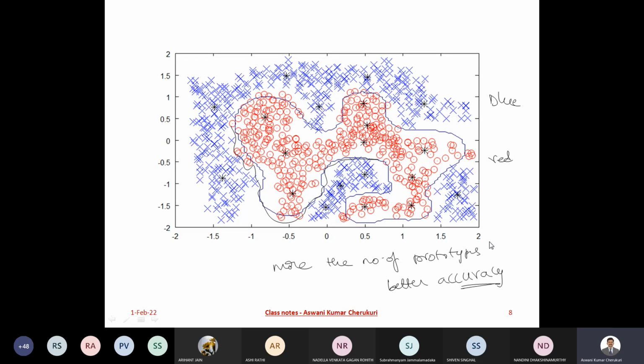Now your textbook contains the algorithm. Let us have a look at what is given in the book.